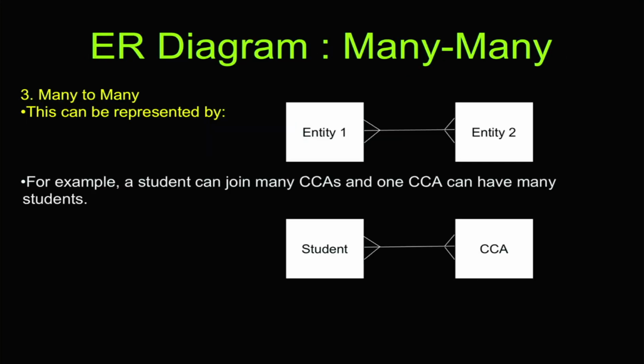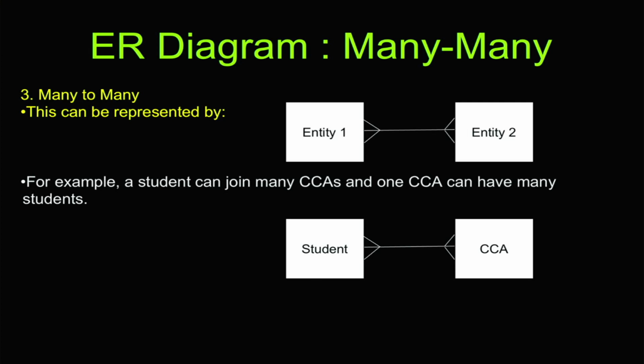Next we do many-to-many. This can be represented by using the crow's feet on both sides. Once you see two crow's feet on both sides, this is a many-to-many relationship. Using the example from just now, a student can join many CCAs, and one CCA can have many students as well.